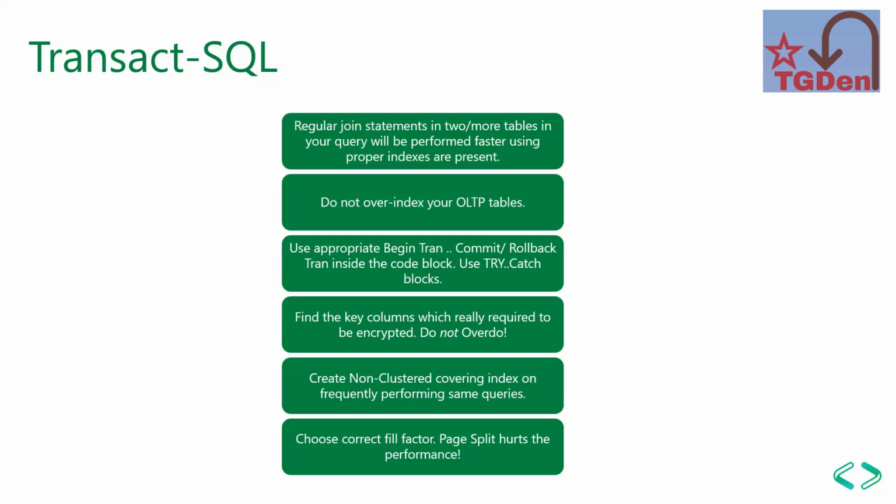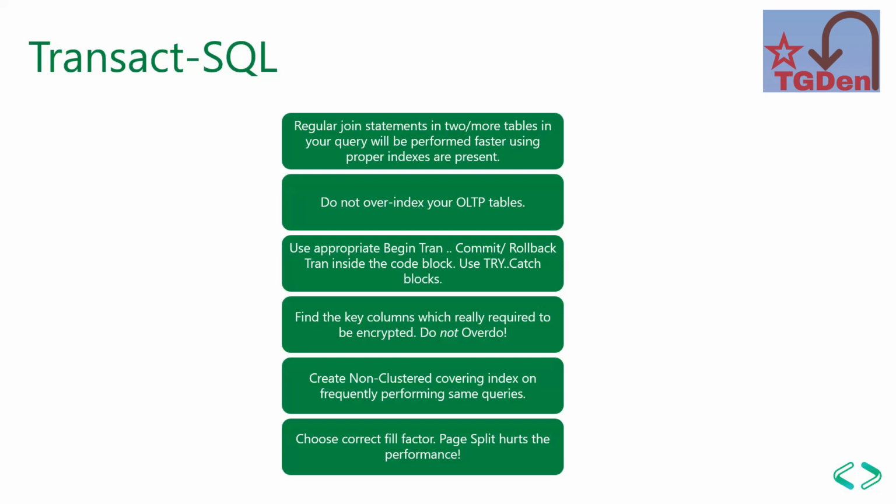And if you give a very high fill factor, let's say 100%, then what happens? All data is supposed to be in one page, but when you try to insert data, let's say the 101st record is going to come, right? Half of the data page will move from one page and it will create another page.